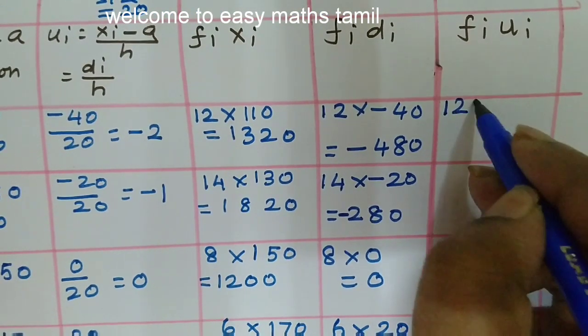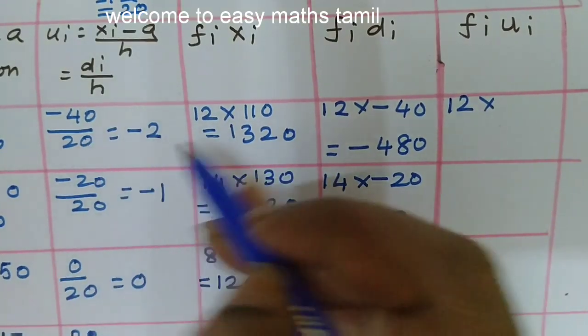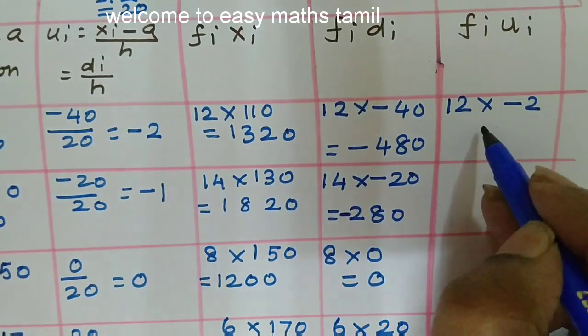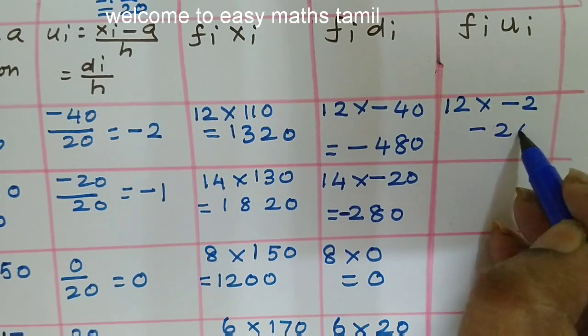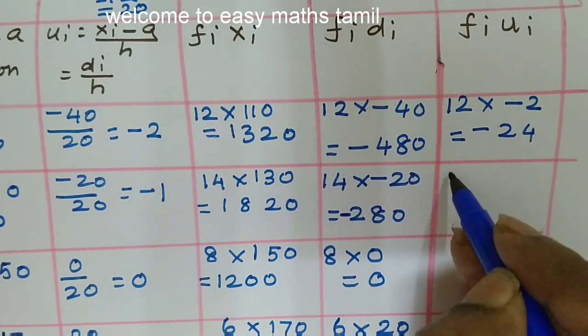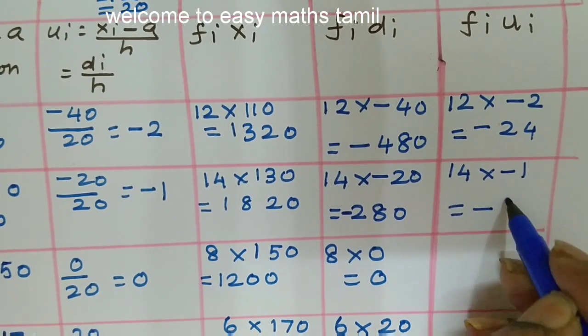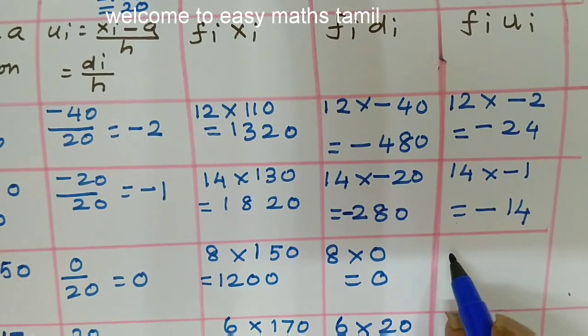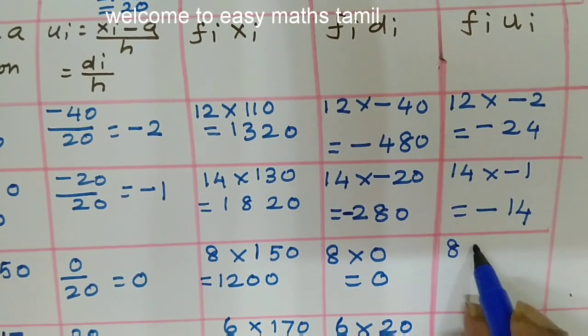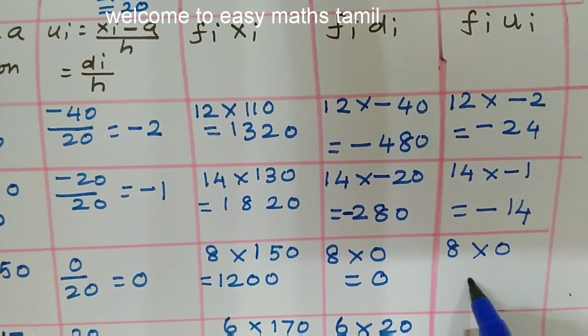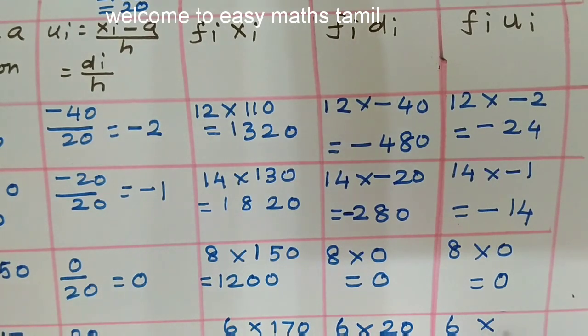Fi value is 12, ui value is minus 2, minus 24. Fi value is 14, ui value is minus 1, minus 14. Fi is 8, ui is 0, 0. Fi is 6, ui is 1, 6.